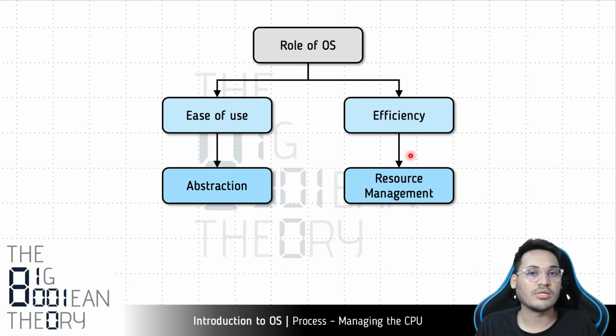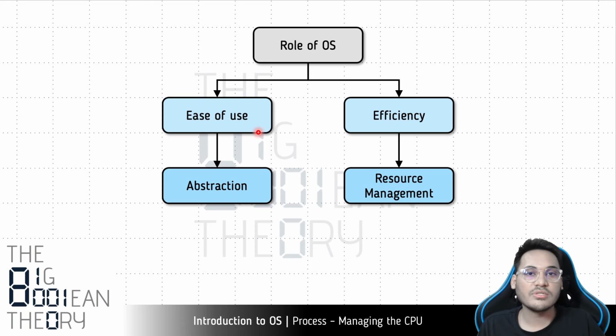In the context of the CPU, we saw that the operating system has to be fair in its allocation to the different processes. At times it has to prioritize some processes over others. Then it has to make sure that the context switch overhead is minimal and the resource utilization is high. All of these things come under resource management, and the operating system does all of this to make sure that the CPU is used in an efficient manner.